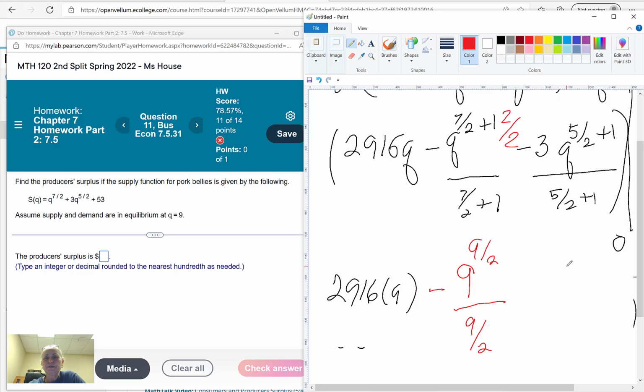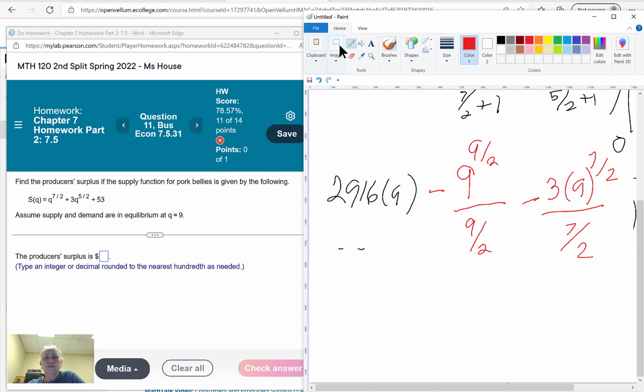And this is going to be minus, let's see, 5/2 plus 1. Again, that's 2 over 2, so that's 7 over 2. 3 times 9 to the 7 over 2 divided by 7 over 2.